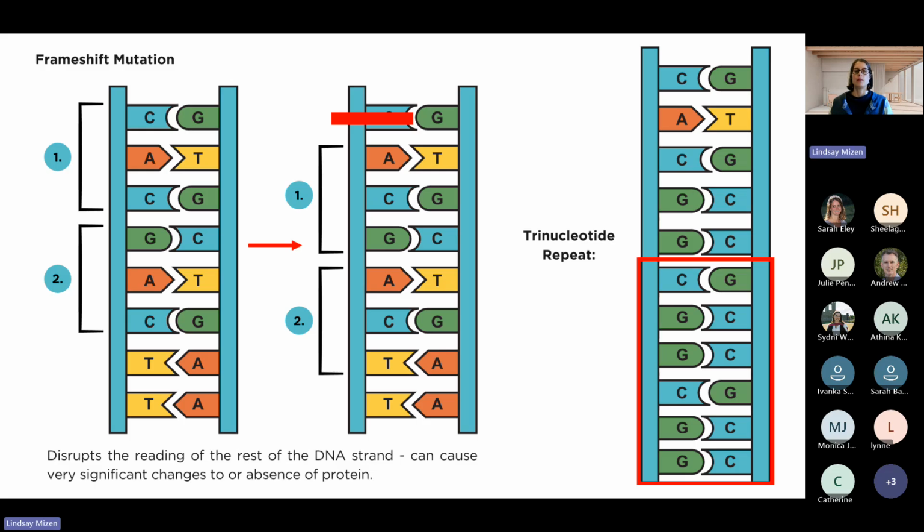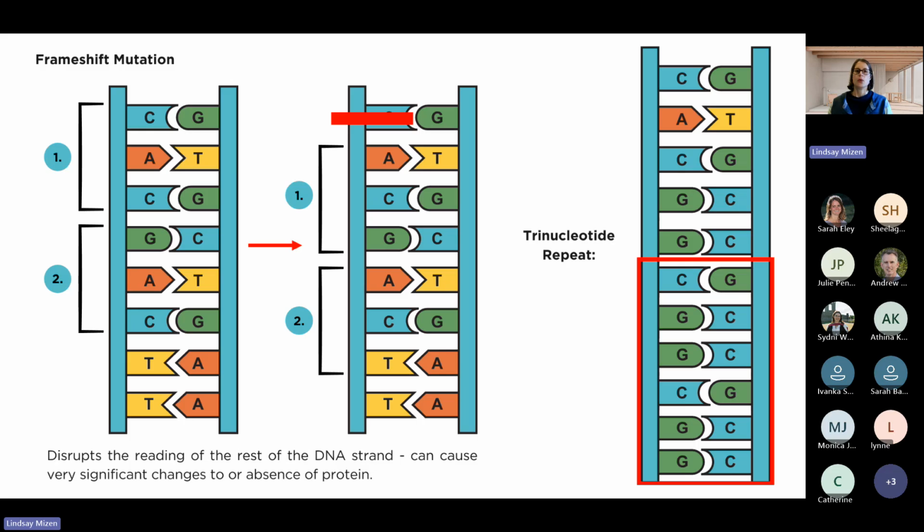But on the panel on the right, I've tried to indicate what happens if you have a deletion at the start of this particular strand. As you can see, that shifts the reading of the DNA down so that it now starts with ACG followed by ACT, which clearly is different from the example on the left.